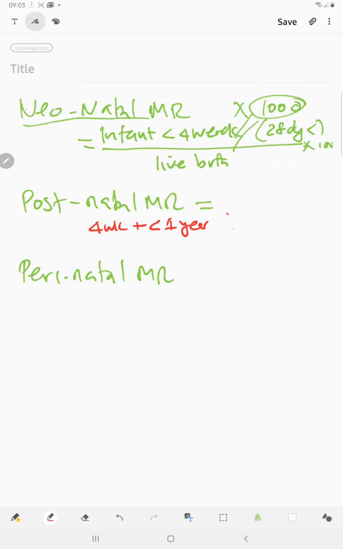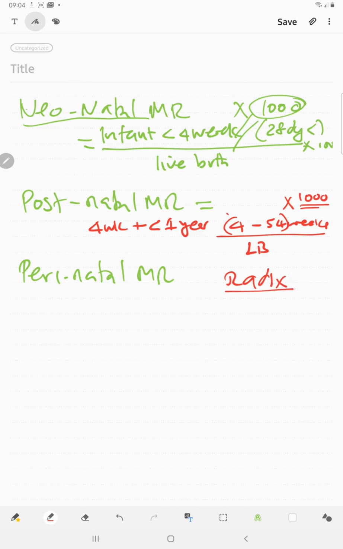In a year there are 52 weeks, so it is between 4 and 52 weeks, divided by the live births. Again you multiply by a radix, so that when explaining them you are using per 1,000. So this is post neonatal.